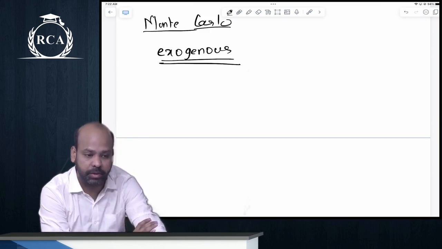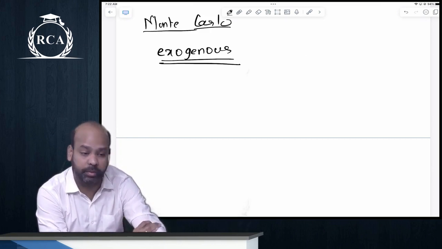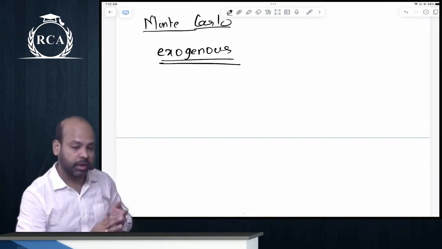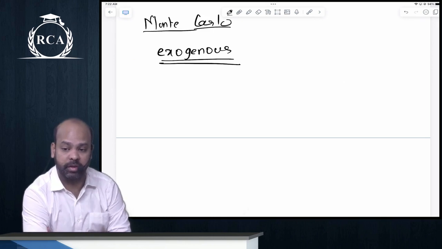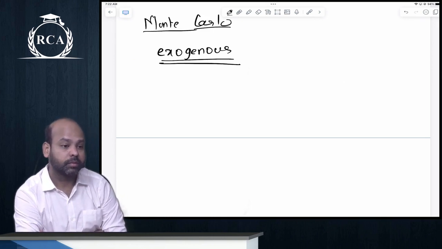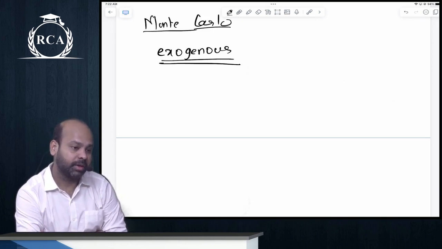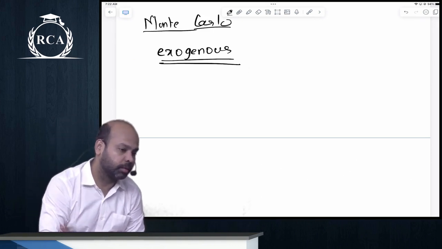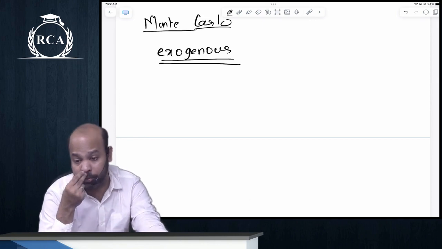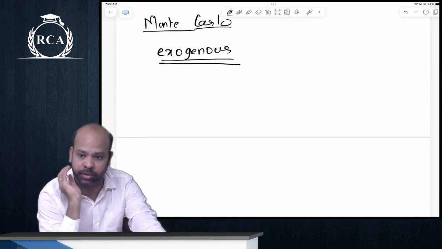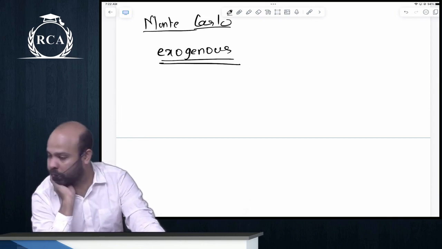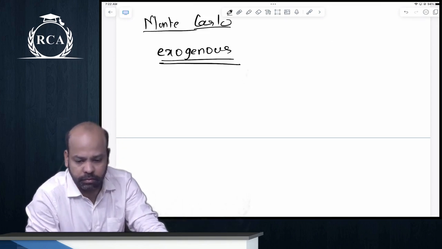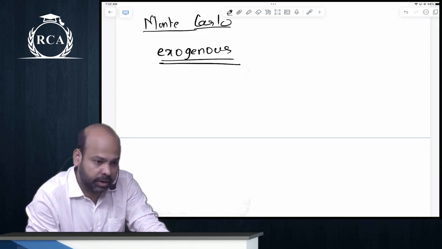Third point: Assign random numbers to the variables based on probability distribution. This is all easy, but you should know what it is.